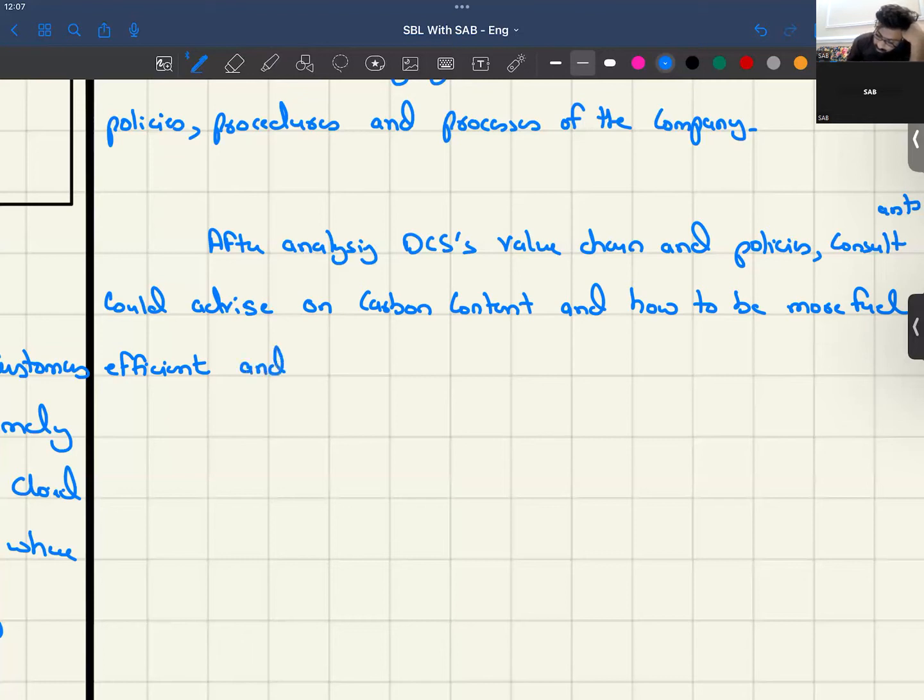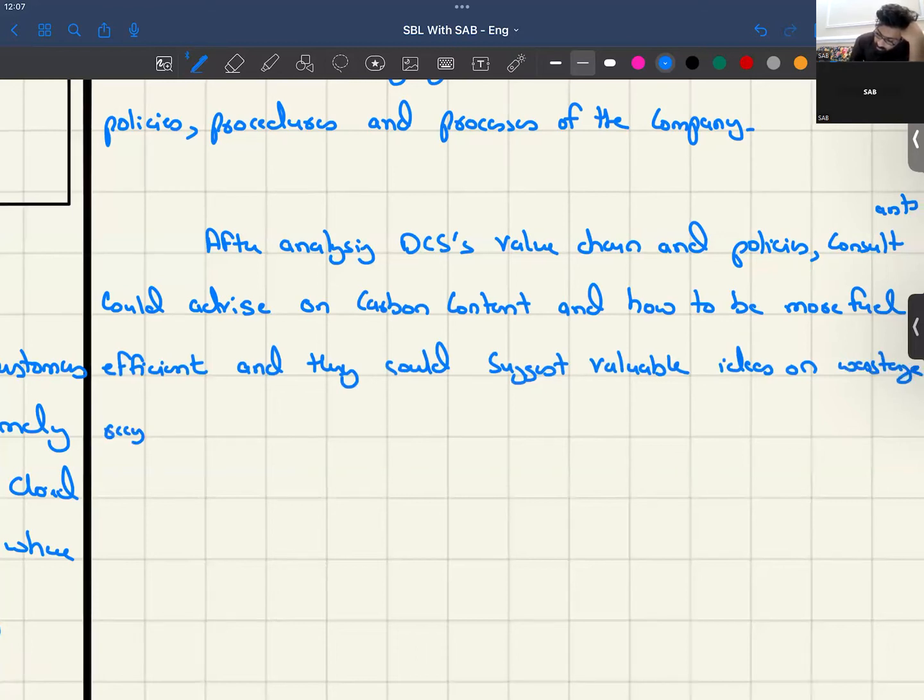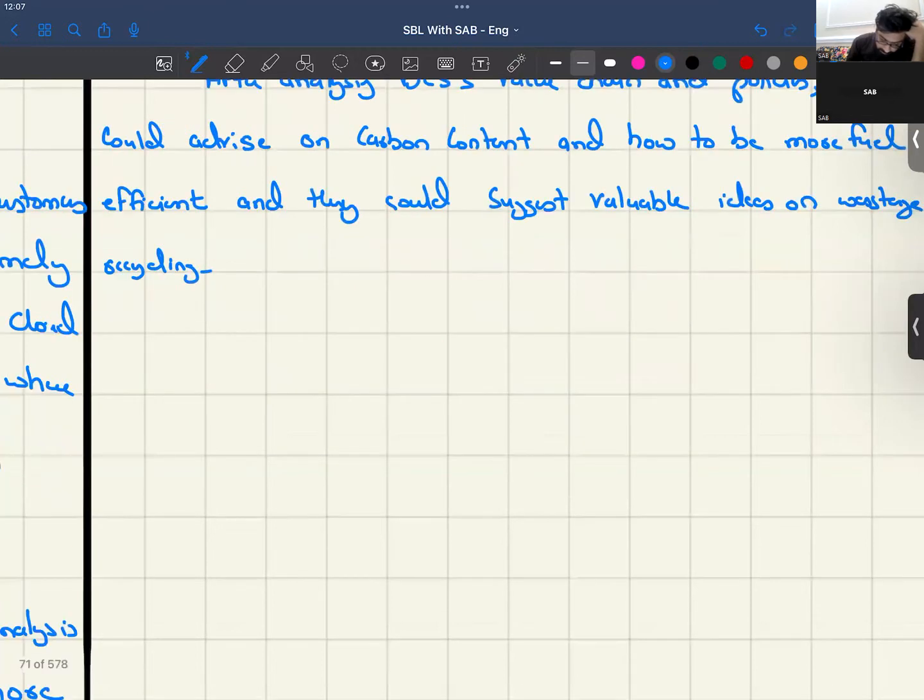and they could suggest valuable ideas on wastage recycling. So these consultants are going to help us in these types of matters.